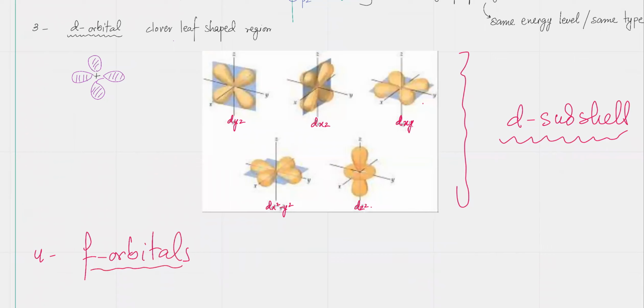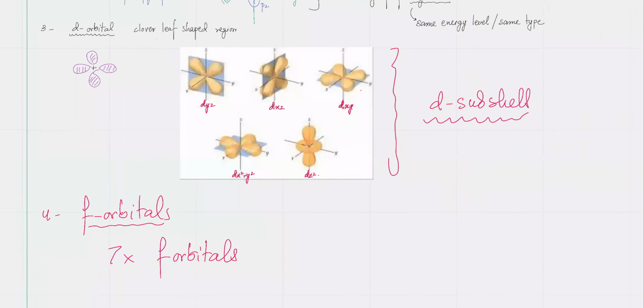There are seven f orbitals in total, and together they're going to be called an f subshell. If you group them together, you call them an f subshell.